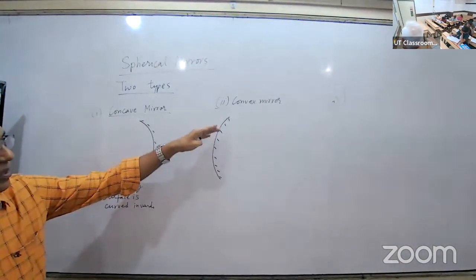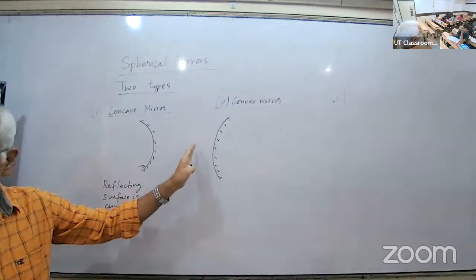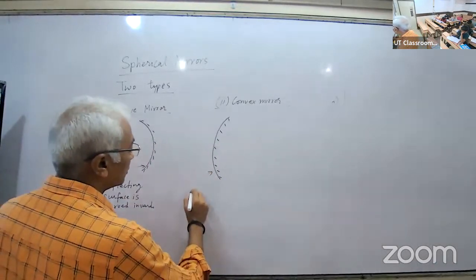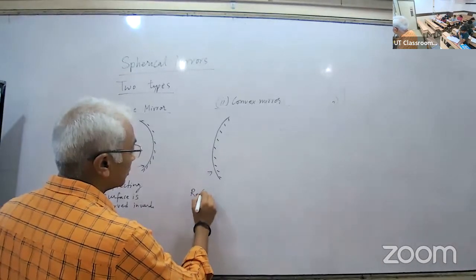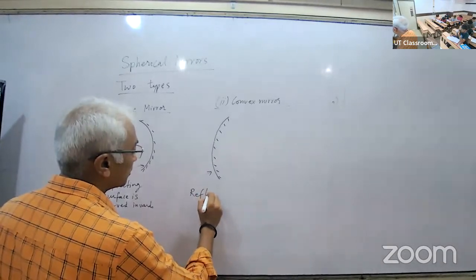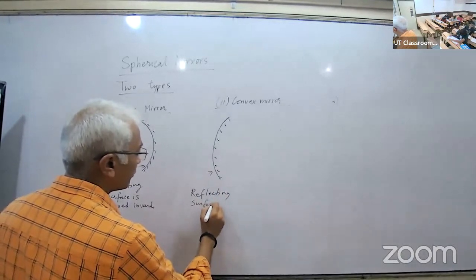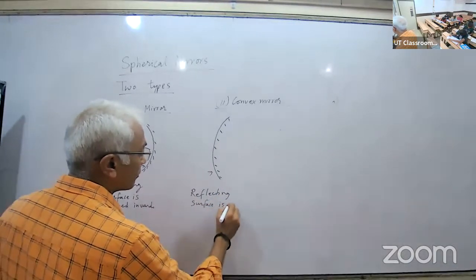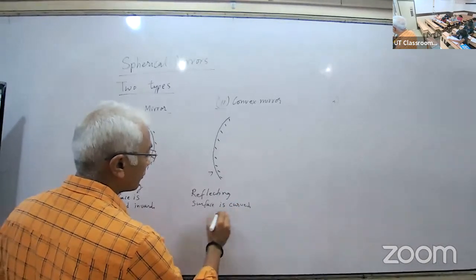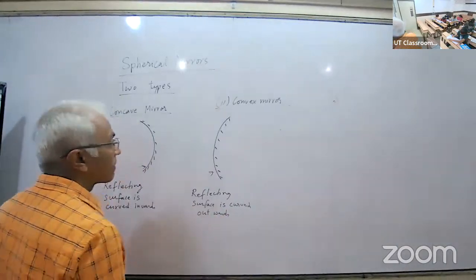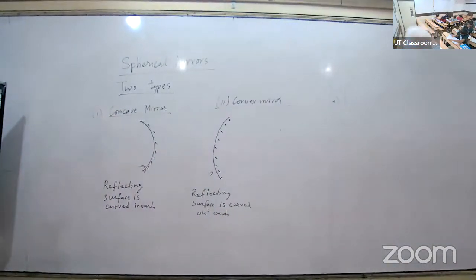So the reflecting surface is bulged outward, right? Bulged or curved outwards. Okay. So this is how it is.